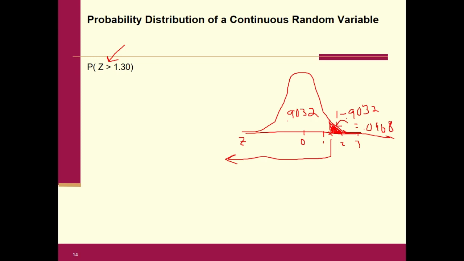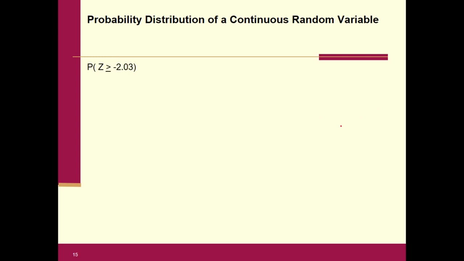Okay? Let's do one more that's greater than. So now we have probability that z is greater than or equal to a negative 2.03. All right, let's do this one. All right, here are my marks here.